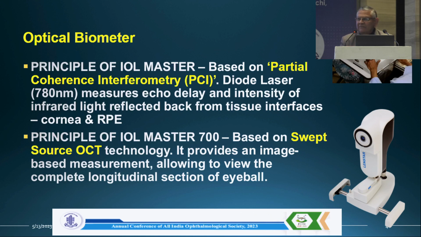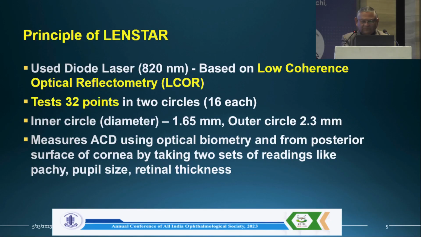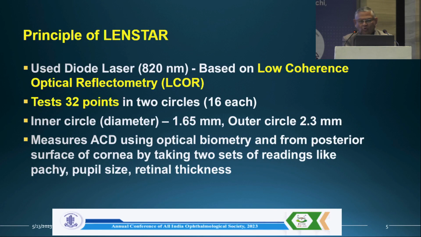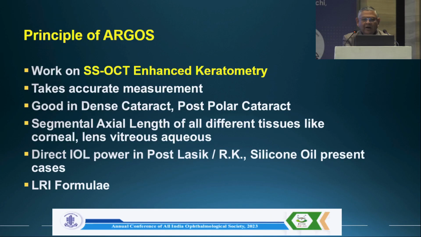But now they have come with more improvements, and they are much better. They work on different principles: partial coherence interferometry, low coherence interferometry, or swept-source OCT with enhanced keratometry.